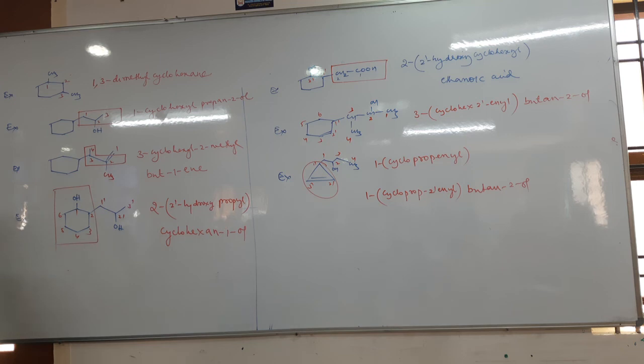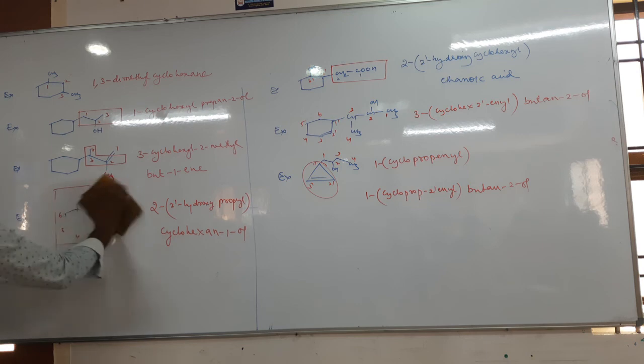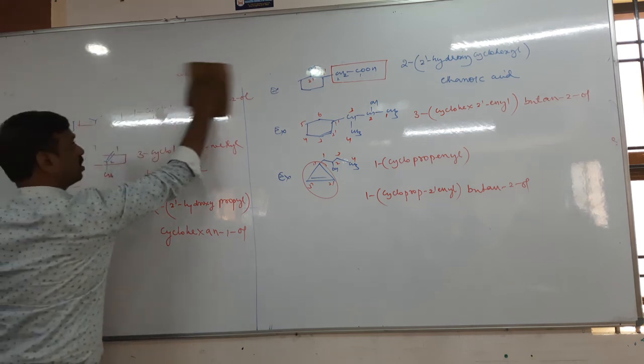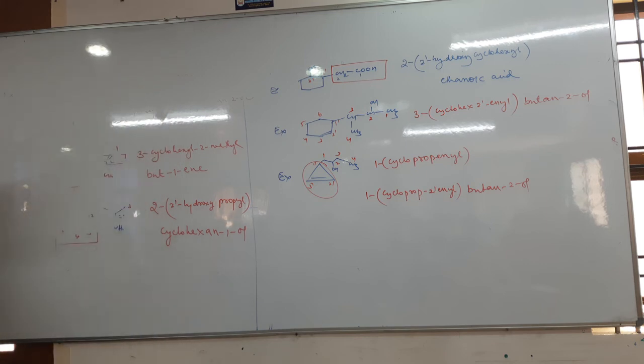Next rule, write another rule. When a cyclic ring is directly attached to a benzene ring, then the benzene ring should be taken as the parent chain.